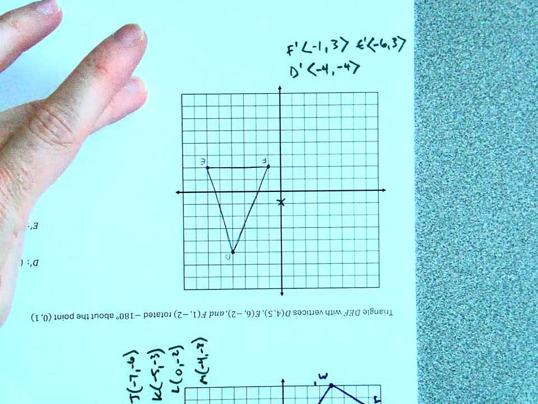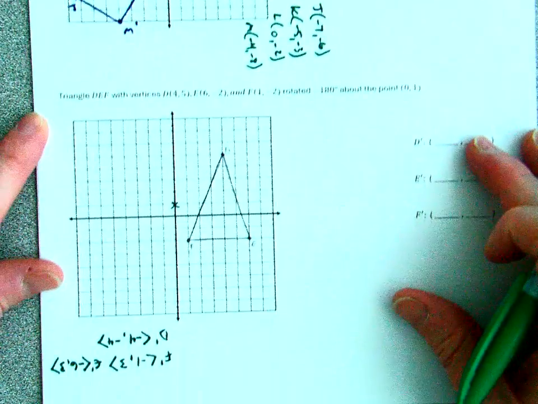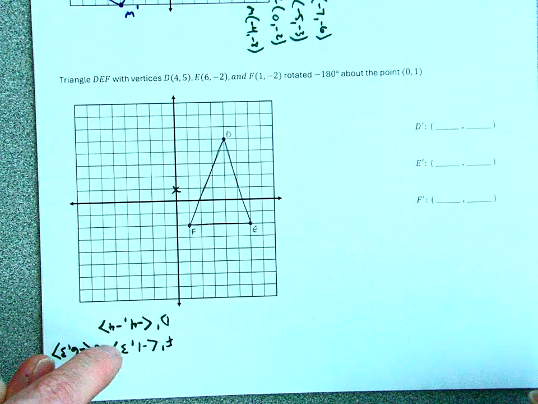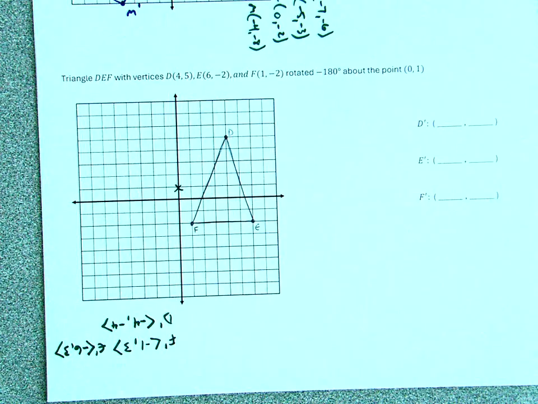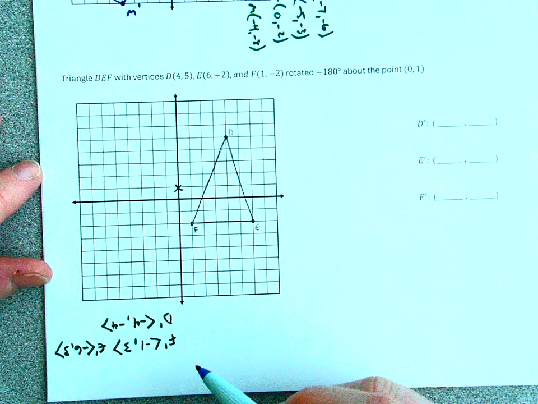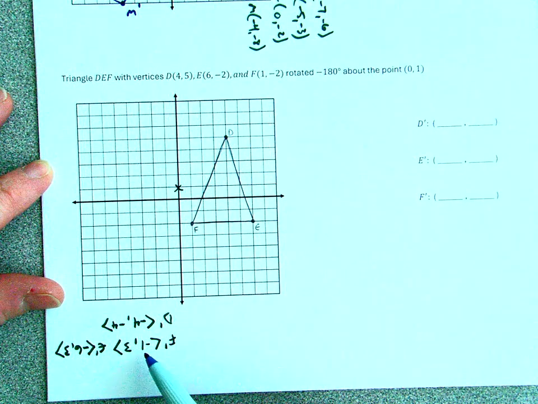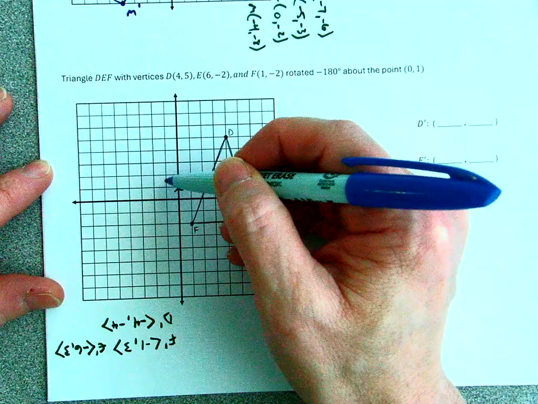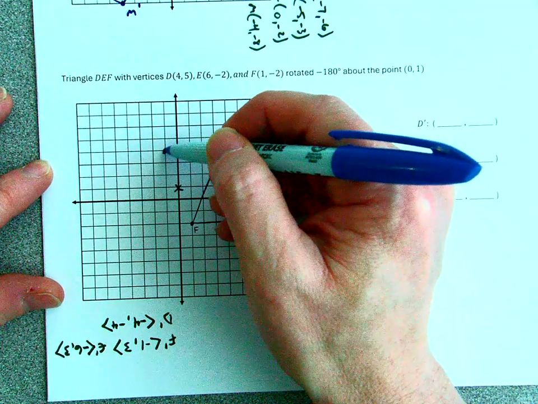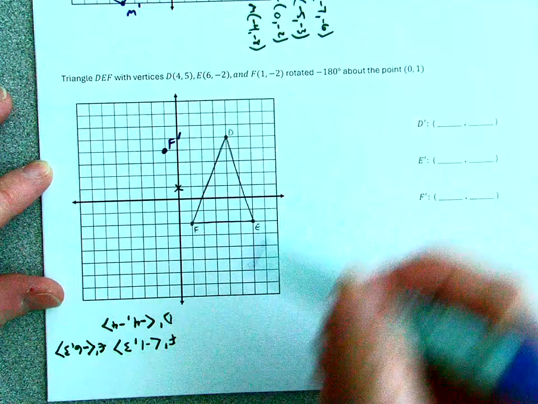So now that I have these movements, I'm going to turn it back to where it belongs, and then I'm going to move these directions to get to the point that gets mapped from the image, right? So kind of looking at them upside down here, F was left 1, up 3, right? So from here, left 1, up 3 puts us at a new F prime value.